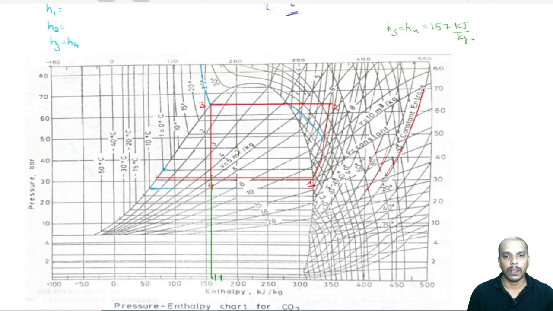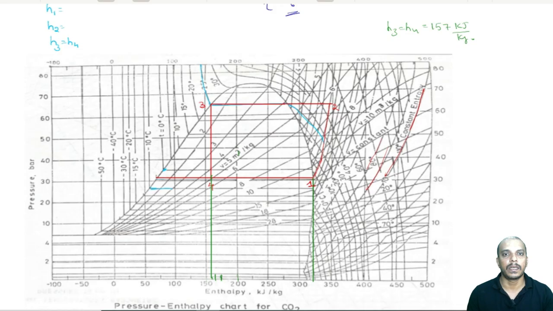Now, similarly, let us go for measuring H1. Now, H1 is somewhere here. So, we will drop a vertical line from here so that we can measure this. So, we are in between 300 and 350. We are close to 325, but it is not exactly in the middle. So, we can take like 320.